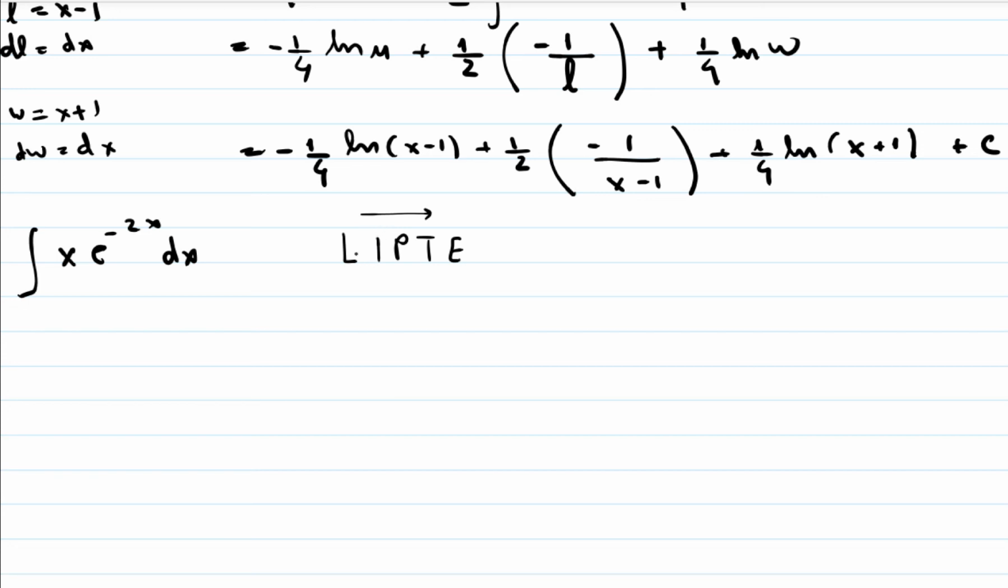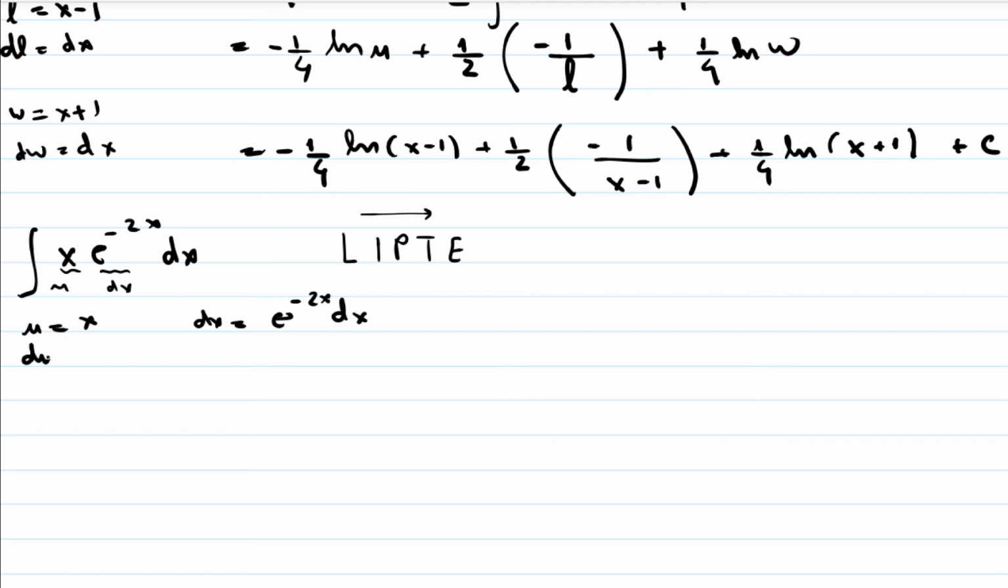So logarithm we don't have, inverse trigonometric we don't have, power of x we have this power of x. So this means that this is going to be our u. If this is our u, it means that this one is already our dv. So with that what we can say is u is equal to x, and then dv is equal to e raised to minus 2x dx.